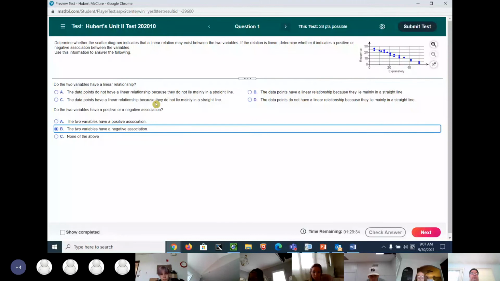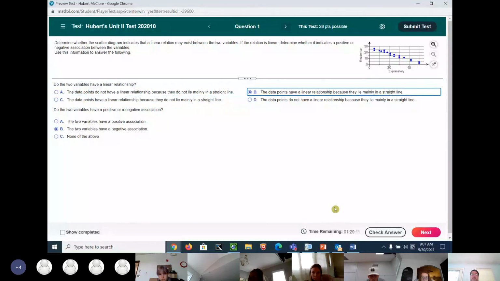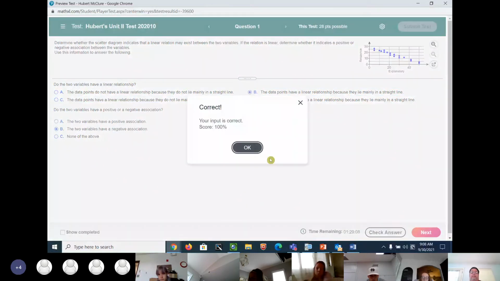They do have a linear relationship because it's kind of in a straight line. Yes, they do, because they lie mainly in a straight line. Okay, I think it's B on that one. Next, let's check it. Yep.